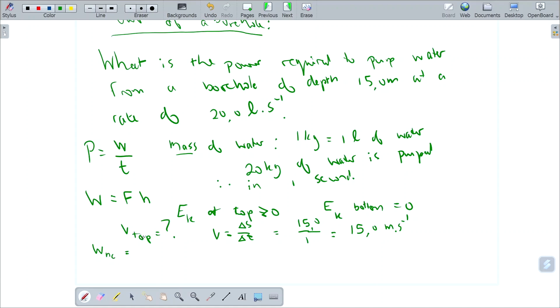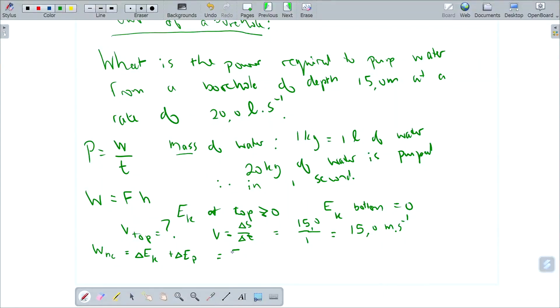The water is not just falling down, but there's an applied force on the water to bring it up. So this is non-conservative work. And that's going to be equal to the change in kinetic energy plus the change in potential energy of the water.